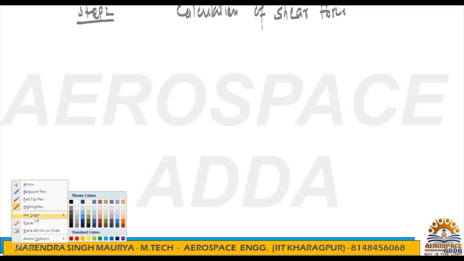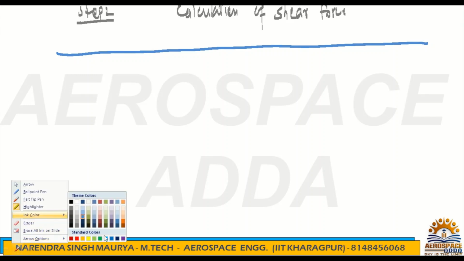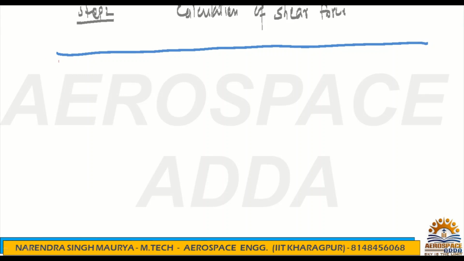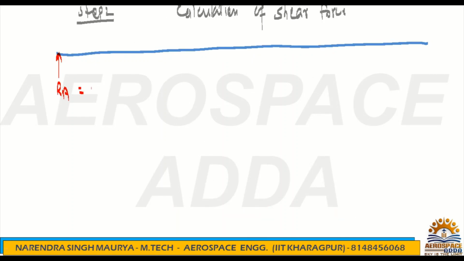Once you are going to calculate shear force, again you have to draw the beam with all the forces. In this beam, all the forces means RA, which you have just calculated, 9.75, and RB you have calculated 13.25.